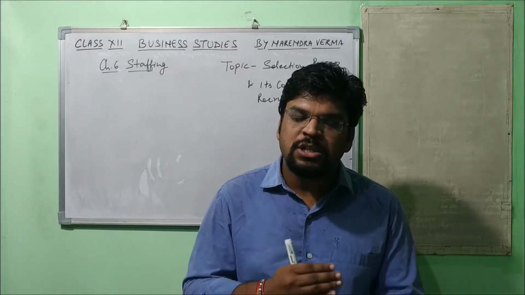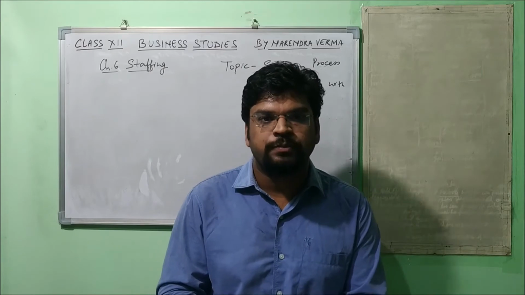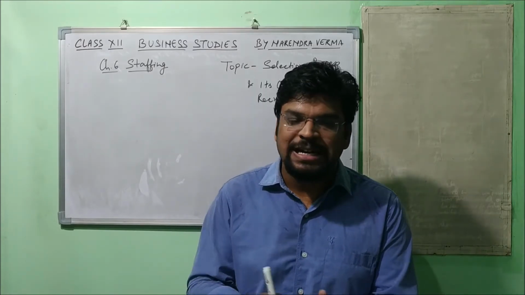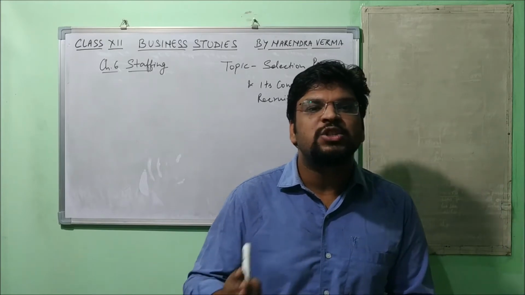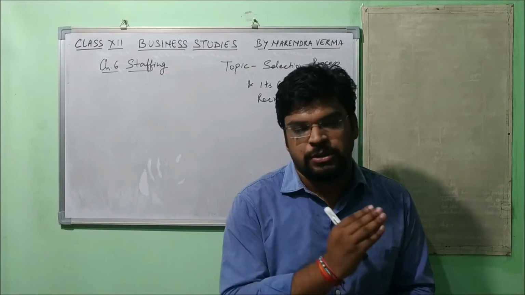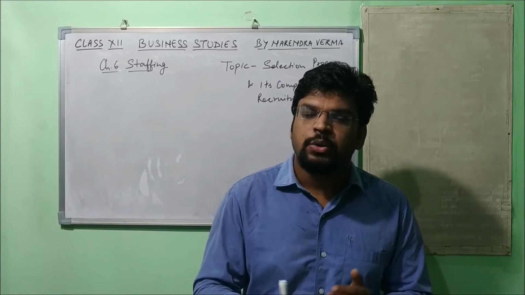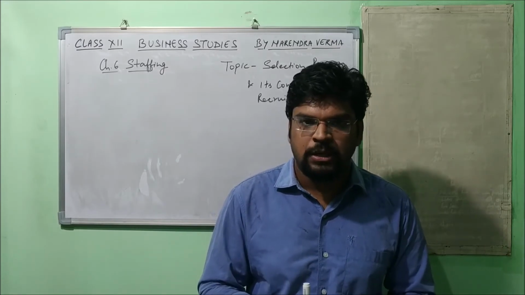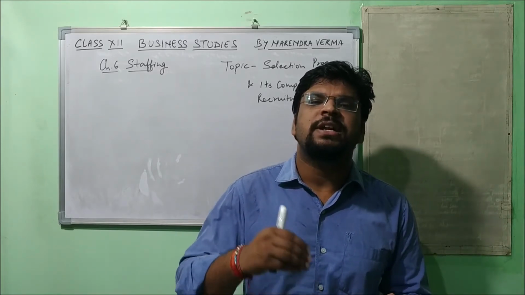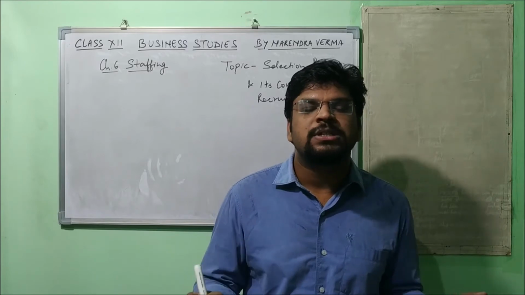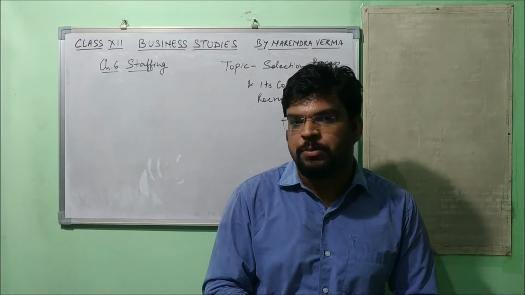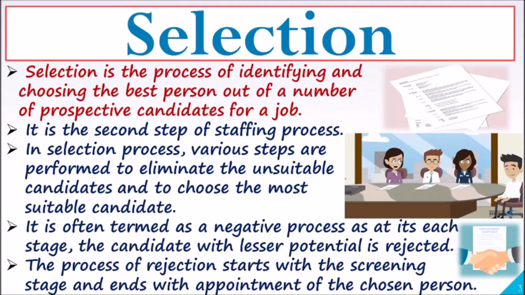So that process goes on. It starts from the very first stage of the selection process, that is screening, and it ends with choosing the best person. So selection is a kind of process in which at every step persons are rejected. That is why it is considered a negative process by people. Understood the point?